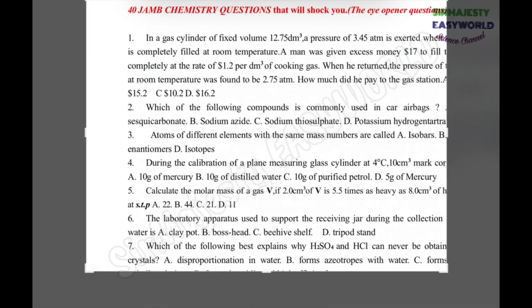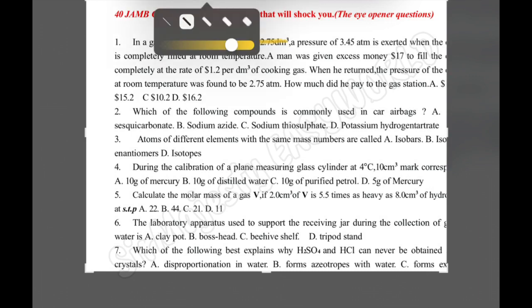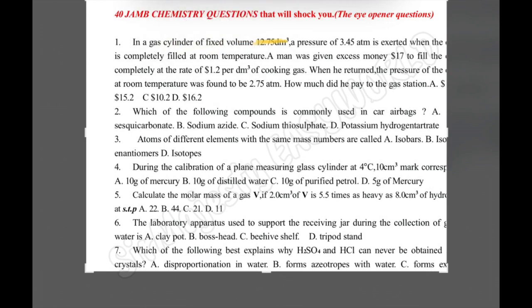From the question, they told us that the volume is 12.75 dm cube.